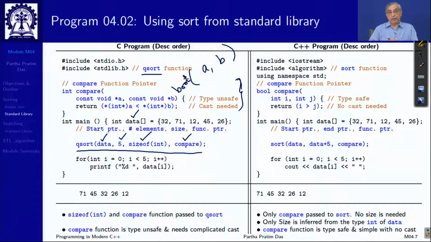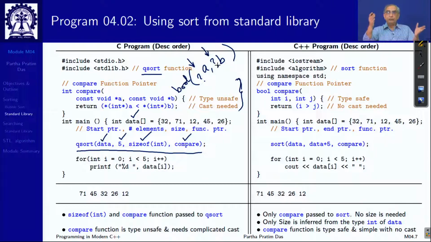Now, there is a big question again, another stumbling block. What is that? If I want to say I am comparing A with B, I should be able to say what is the type of A and what is the type of B. Are they ints? Are they doubles? Are they strings? Are they user defined structures?